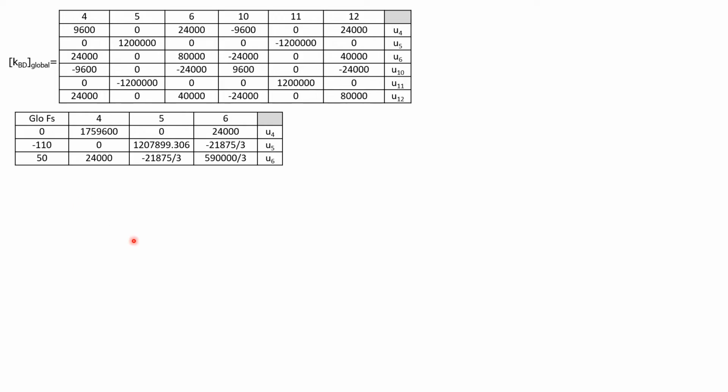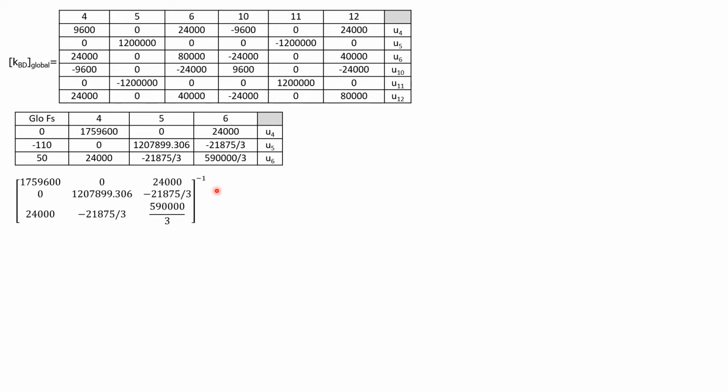Counterclockwise is positive. So from here, we can now compute the displacements U4, U5, U6 by multiplying the inverse of this reduced stiffness matrix with these global forces. So this is the inverse of the reduced stiffness matrix, which is 3 by 3.